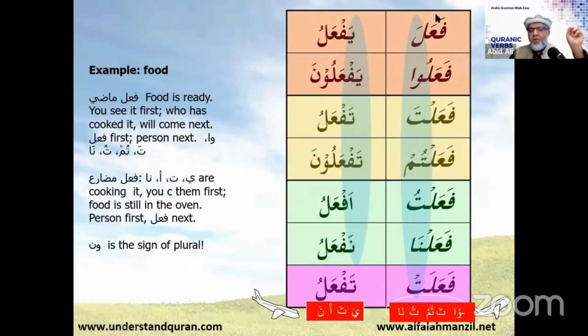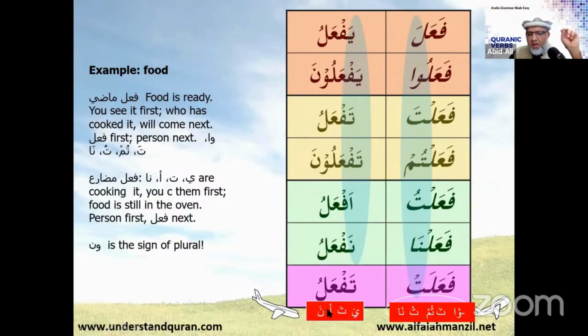Again, if you now look side by side at this shadowed area: the shadowed area for Madi is at the end, and for the Mudare it is in the beginning. This is the suffix, this is the prefix. What was the suffix? Waw plus alif for the jama. Ta, tum, tu, na. These are some of the suffixes. And what are the prefixes for Mudare?